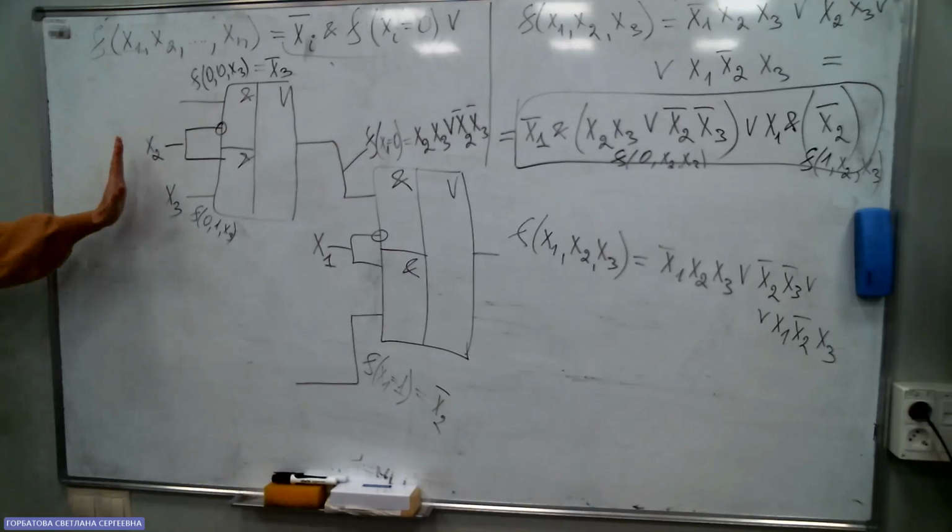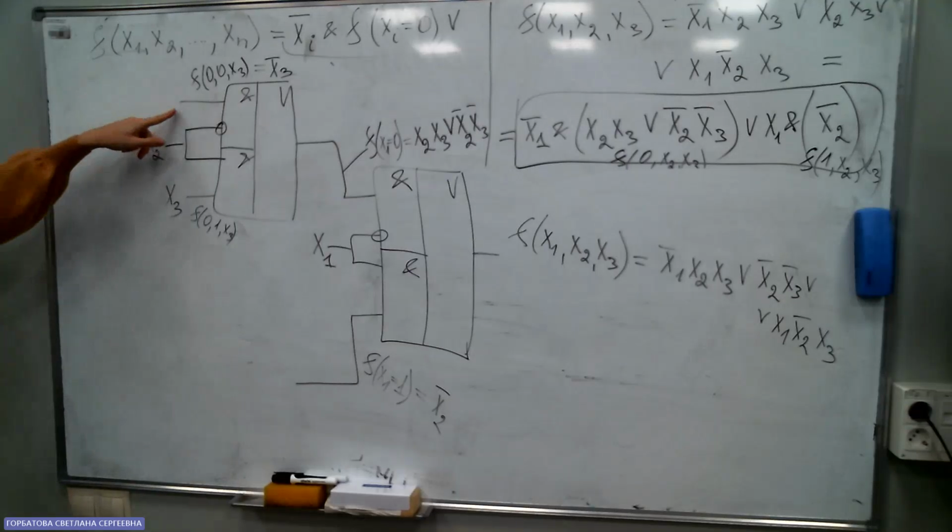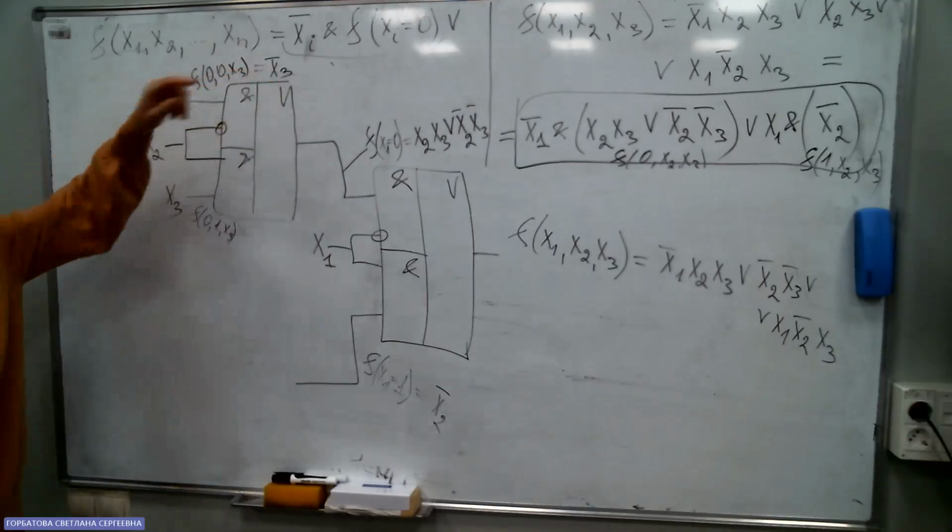So this is input, the end, this is input, the end, and here not x3.